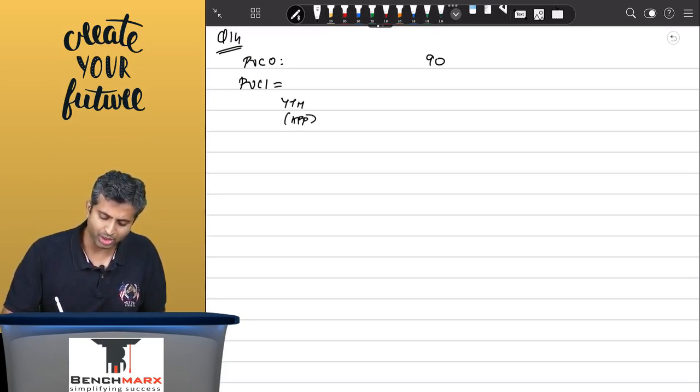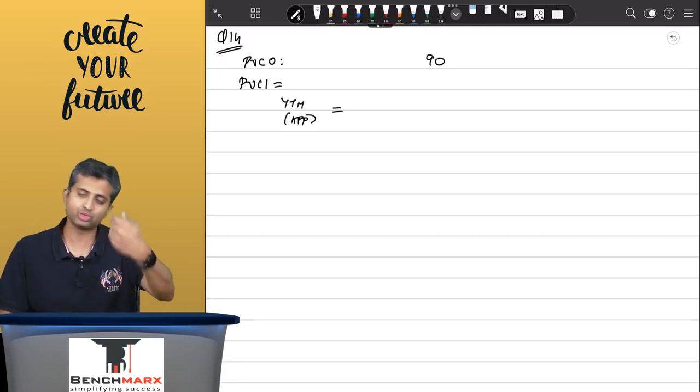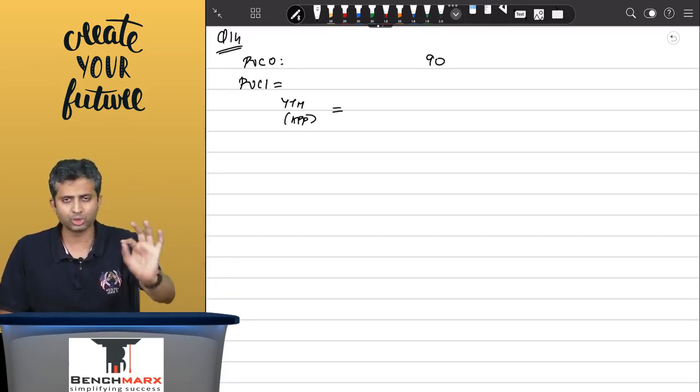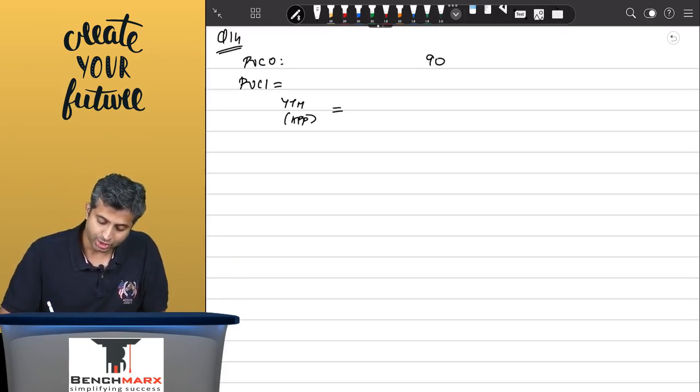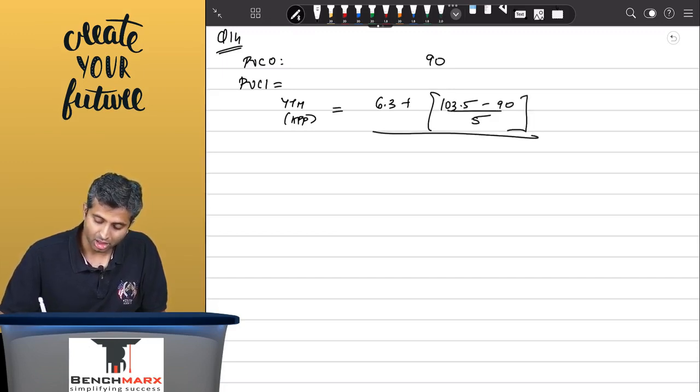In the exam, if you don't have time, you just do the approximate YTM and proceed. Your marks will be deducted, however something is better than nothing. So this is your interest, which is 6.3 plus (103.5 minus 90) upon 5, upon (103.5 plus 90) divided by 2.